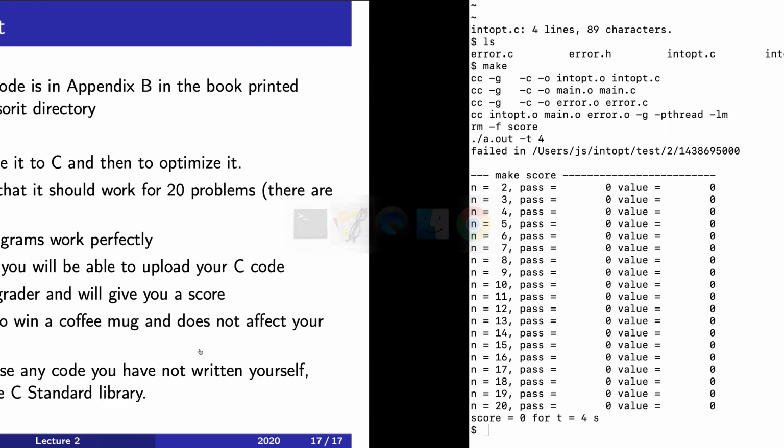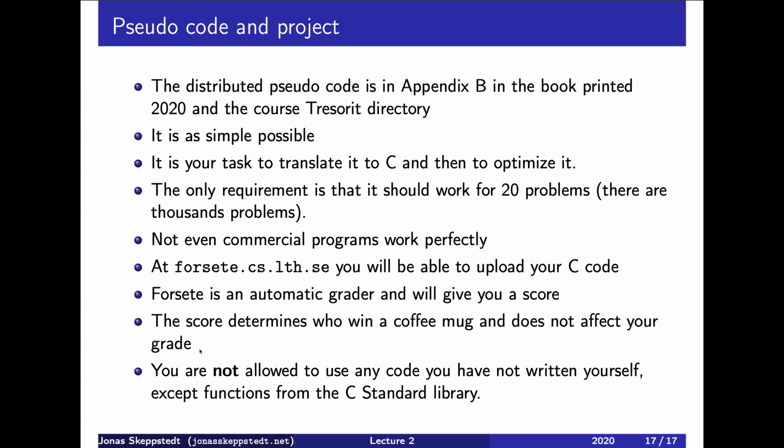Let's go back to this. Okay, so now we have seen the project directory, so to speak. And what you will do is to go to this website, which isn't up for the moment. And there you will submit your file, intopt.c, it must be called that.